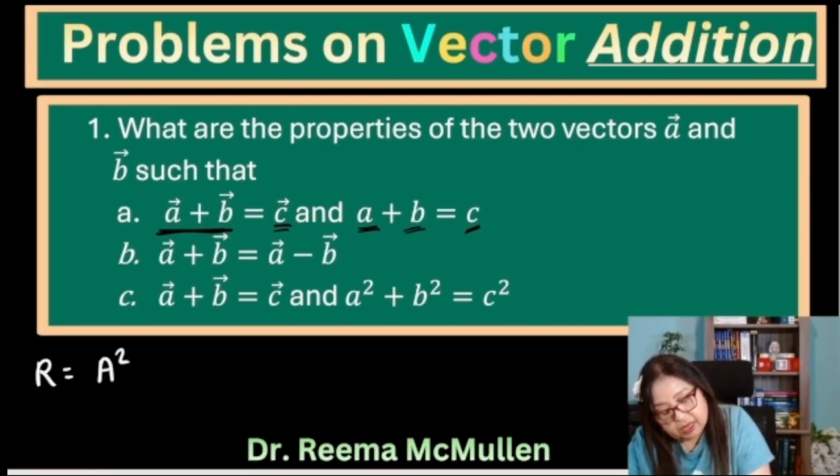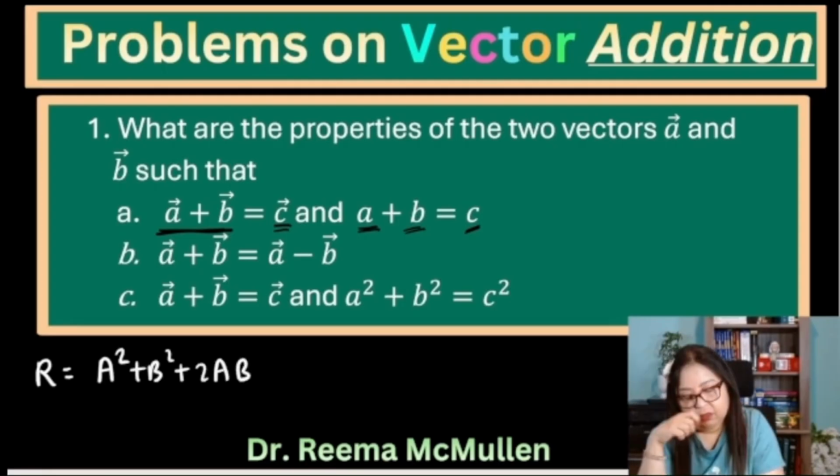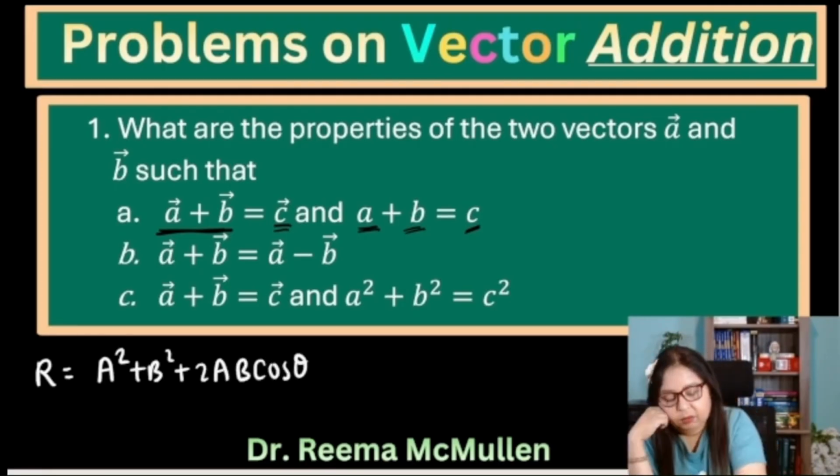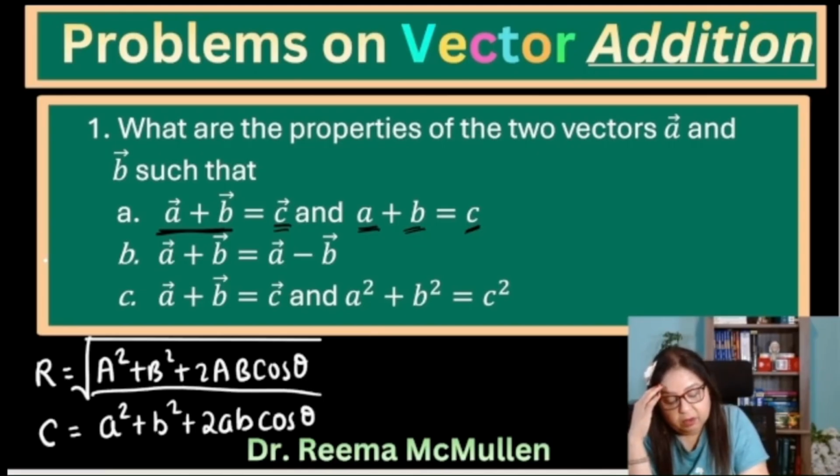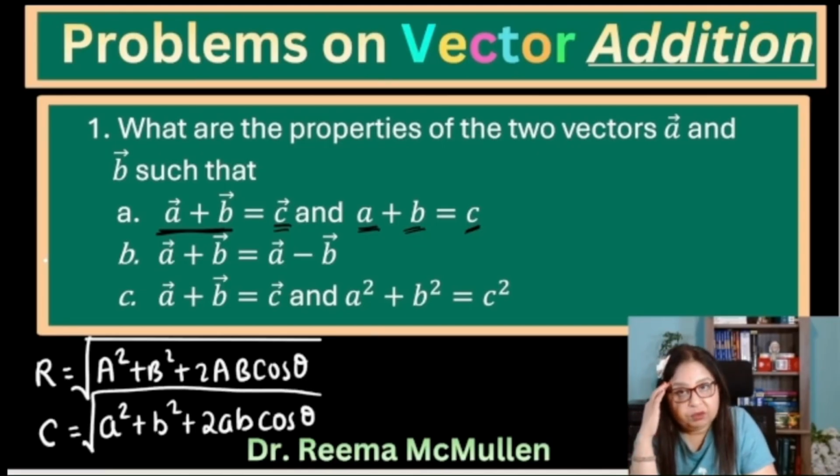Square root of A squared plus B squared plus 2AB cosine theta. And this is under the square root. So in this case, we will have the magnitude of vector C equal to the square root of A squared plus B squared plus 2AB cosine theta. This is the magnitude of vector C.